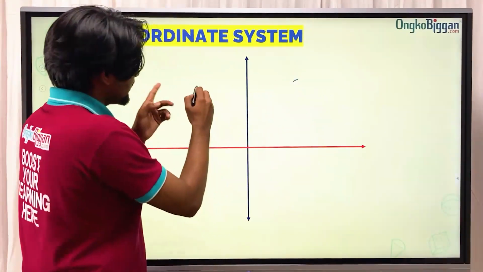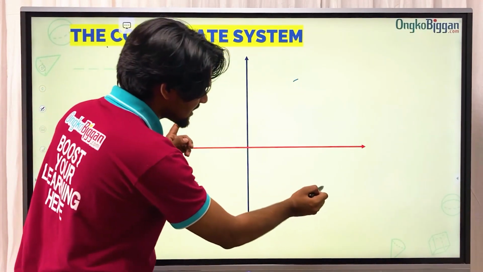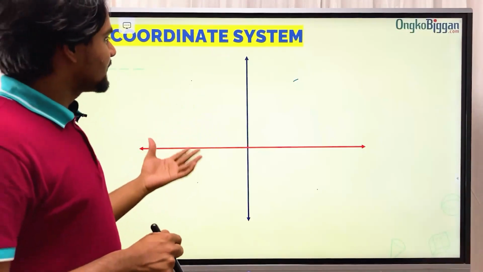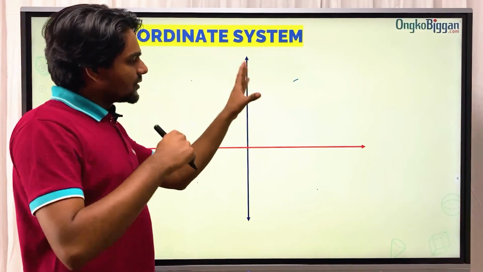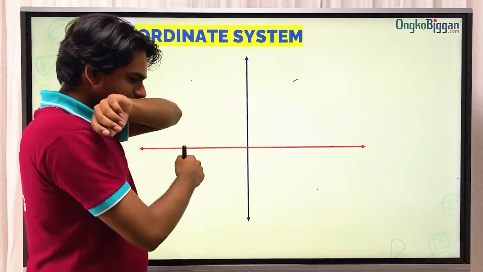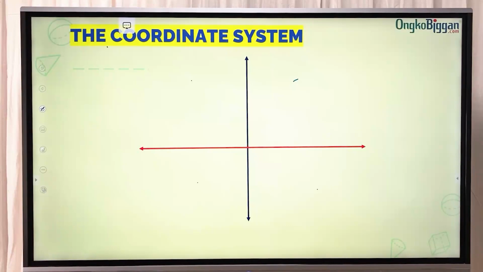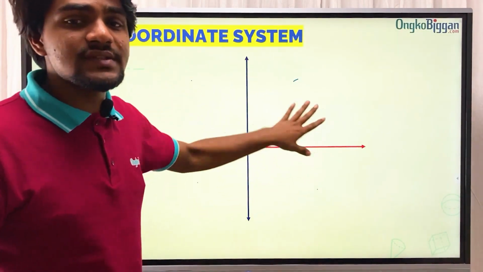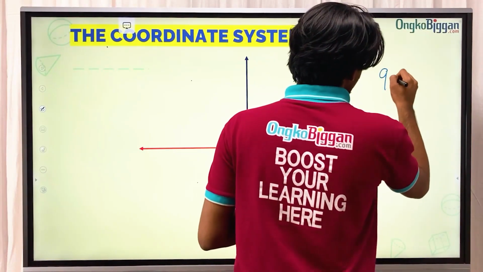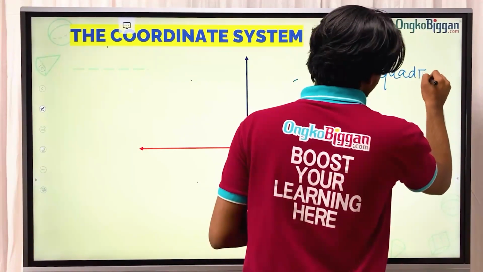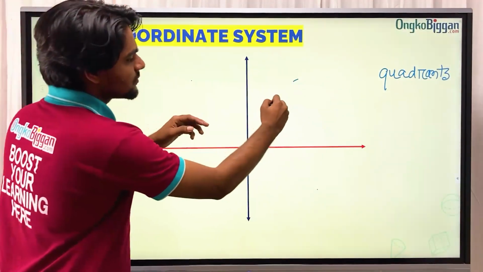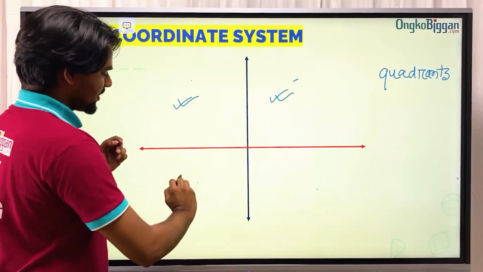This one is one section, then there is another section, another, and another. We need to name them first. These square-looking boxes, these four regions, are called quadrants.